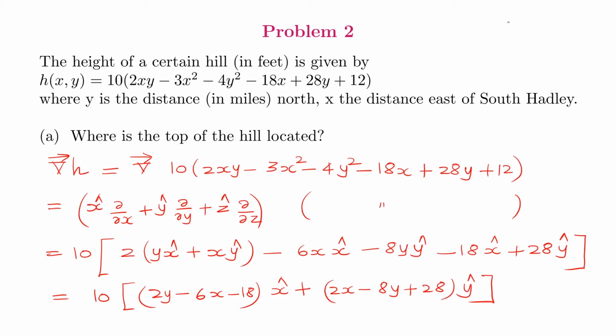Now we are asked to find out the top of the hill. So if this is the location, South Hadley, we want to find out where exactly is the location of the top of the hill. It can be here, it can be here, it can be here or here.